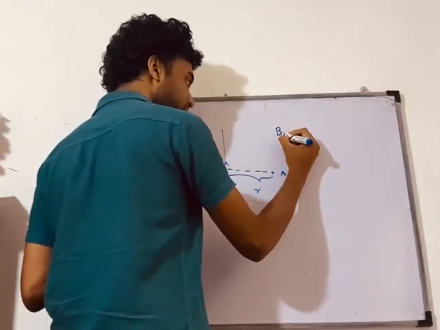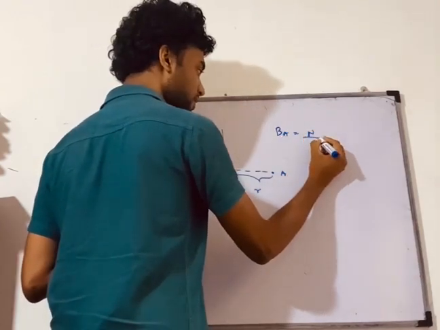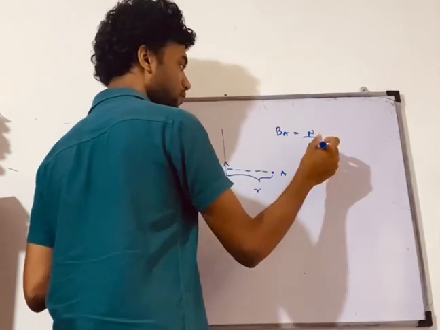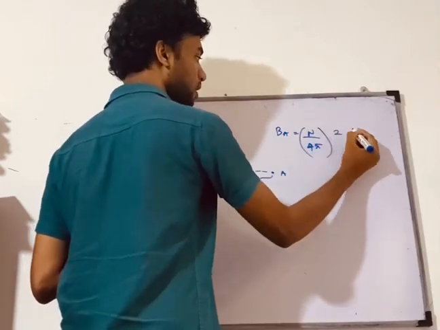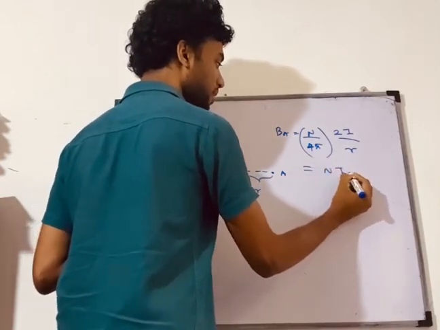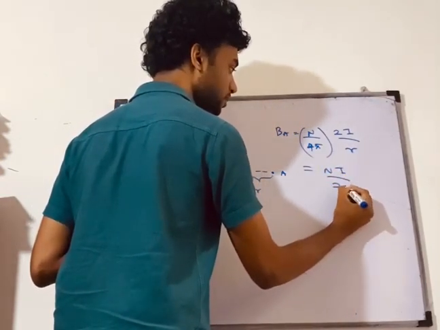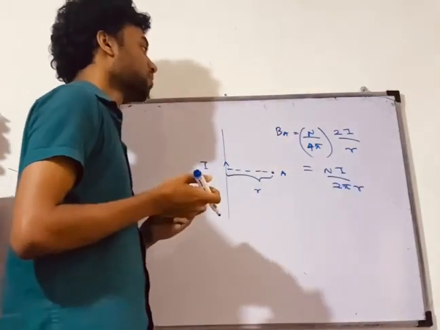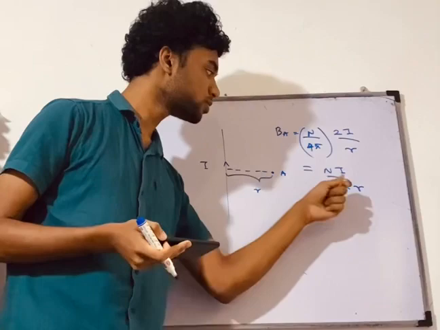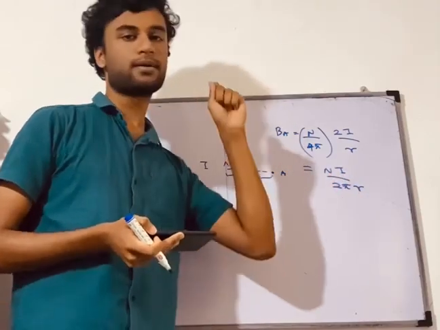Magnetic field intensity at A is equal to mu divided by 4 pi times 2I divided by R. I can also write it as mu I divided by 2 pi R.